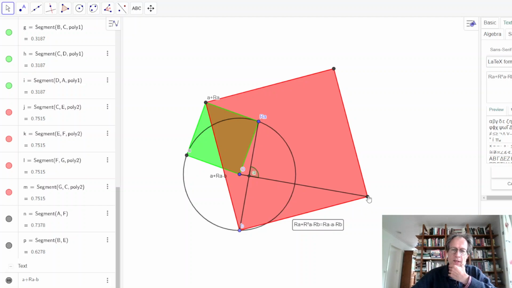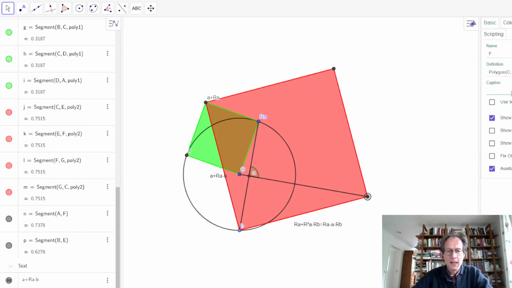So what's then this vector from the origin to there? Well, that's basically B plus that side. So over there we get B plus RA minus A minus RB. That's that vector.